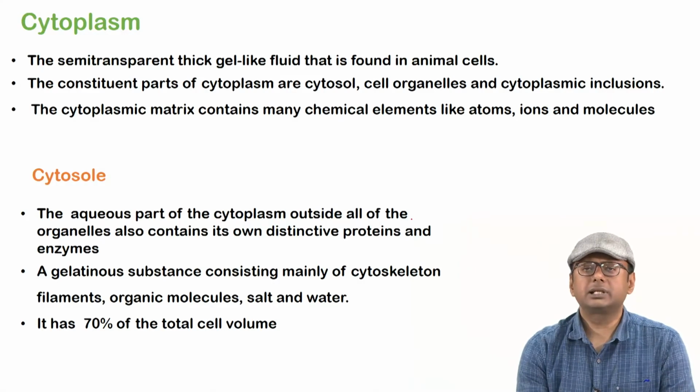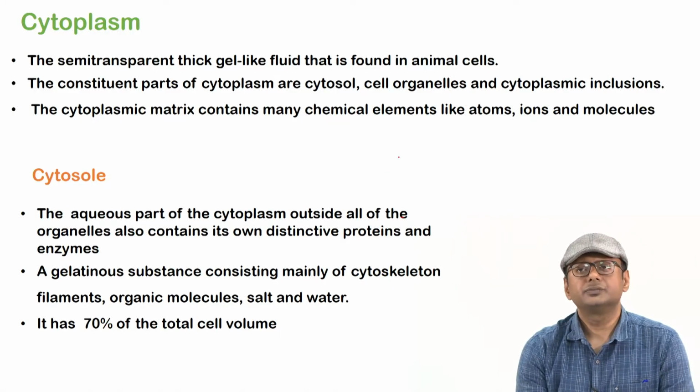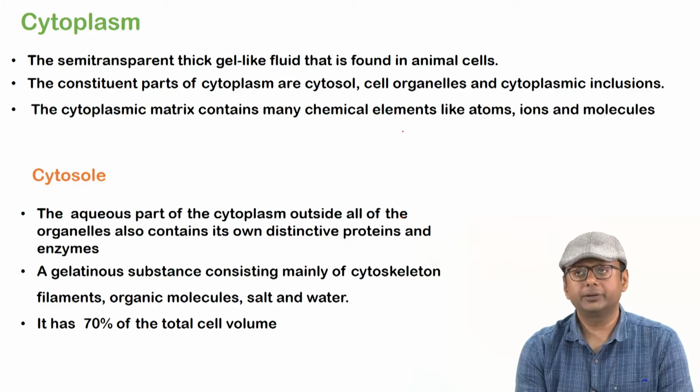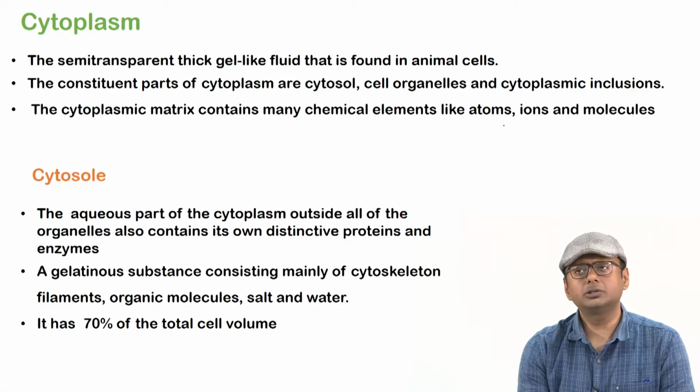Next is cytoplasm. The semi-transparent, thick, gel-like fluid that can be found in animal cells is a very important constituent of the cells. Cytoplasm basically holds different types of organelles. These are rich in water, a fluid component. It also creates cytoplasmic inclusions.